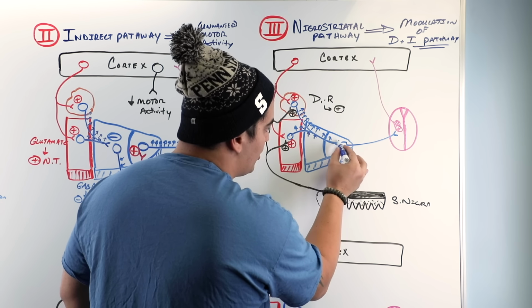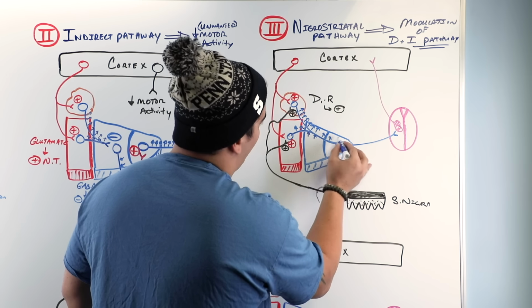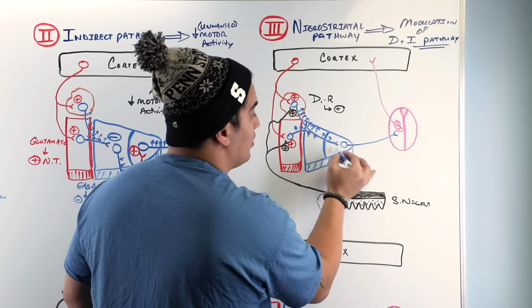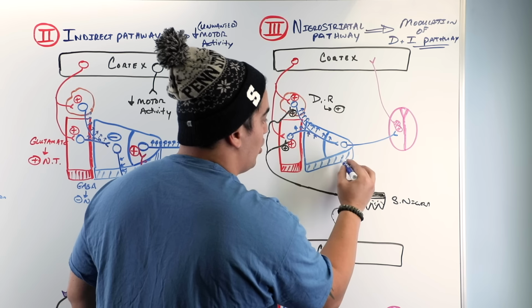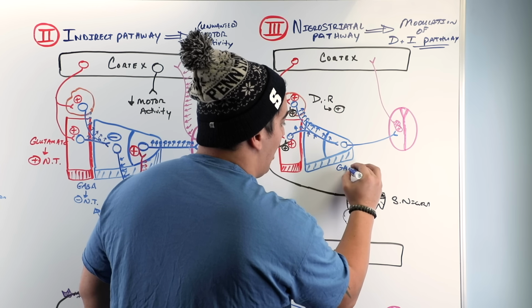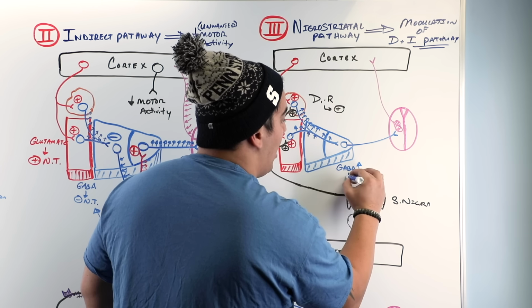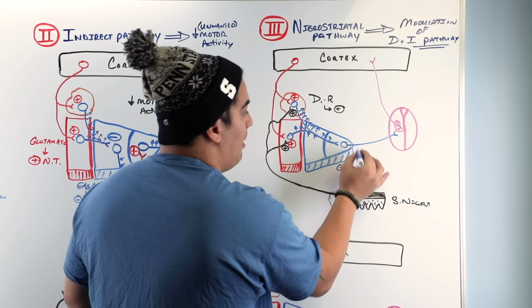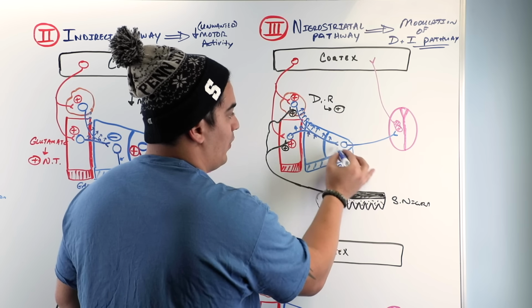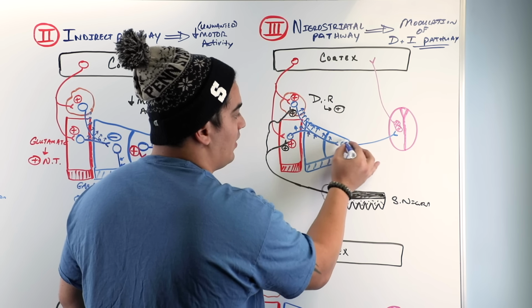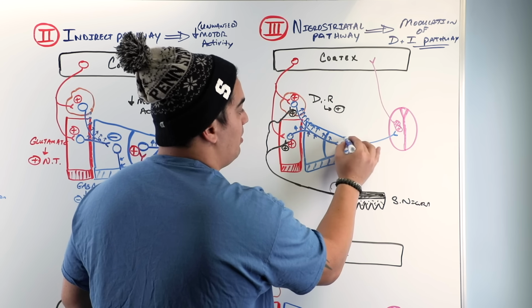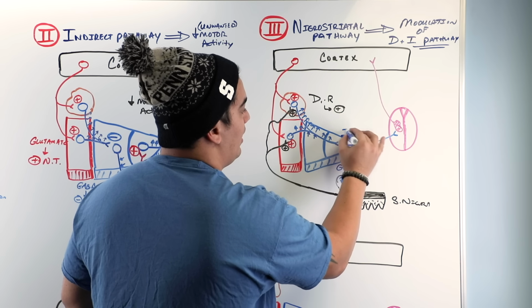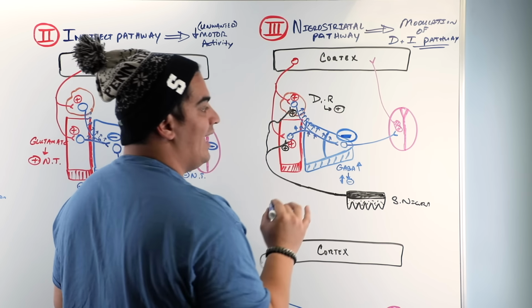The neurotransmitter that's released here is going to be released in large amounts onto this globus pallidus internus. What's that neurotransmitter? GABA. If there's lots of GABA, there's lots of inhibition. So that means that this nucleus, the globus pallidus internus, is going to be, let's make a big negative sign, super inhibited.